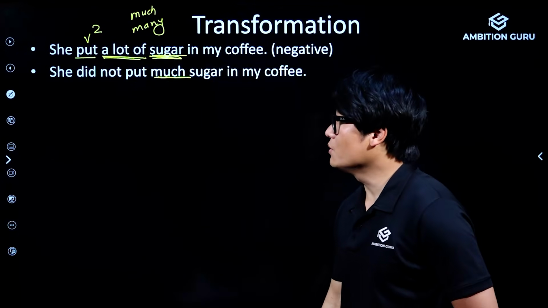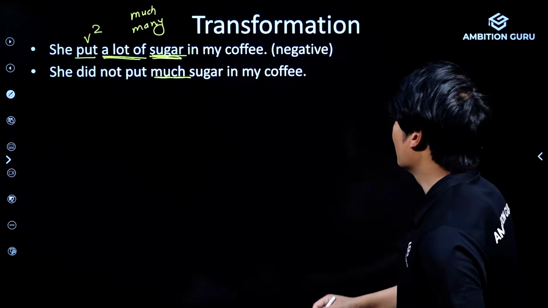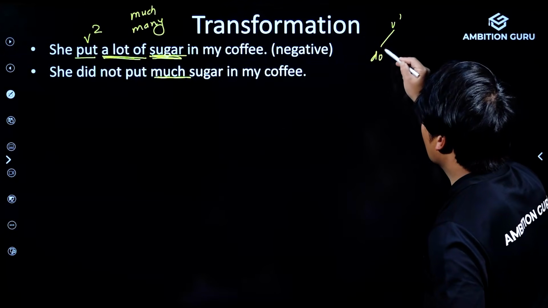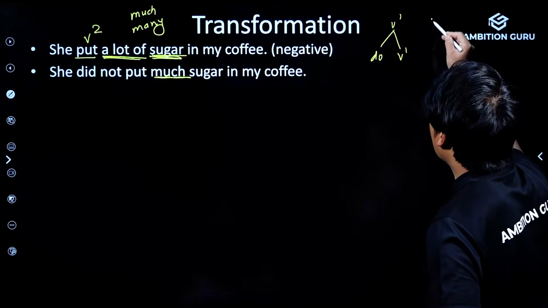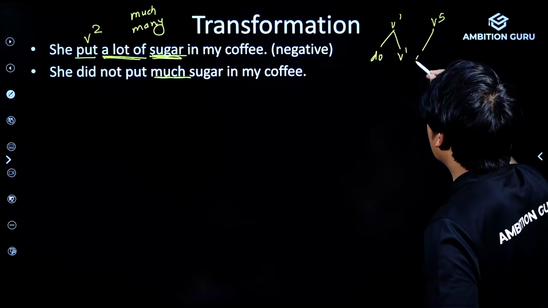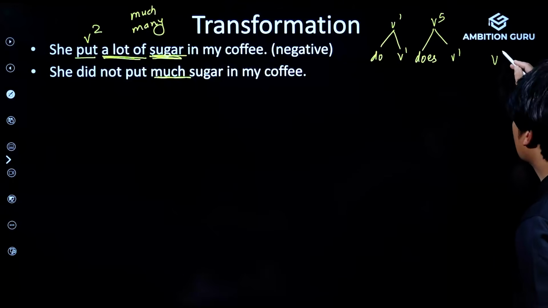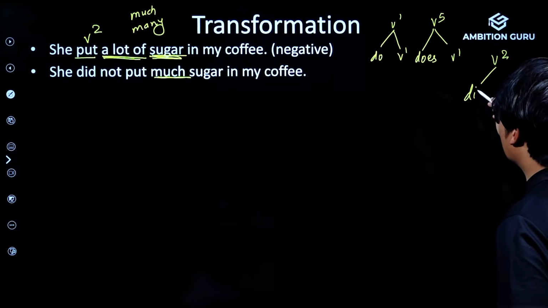I did not put much sugar in my coffee. So you need to understand: when there is verb one, here should be do and next should be verb one. If there is verb five, then there should be does and next again verb one. If there is verb two, then here should be did and here should be verb one.